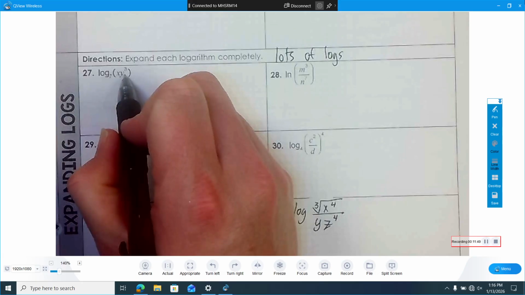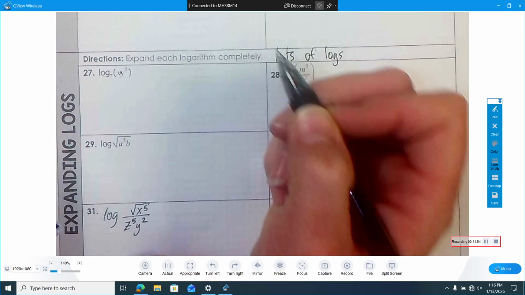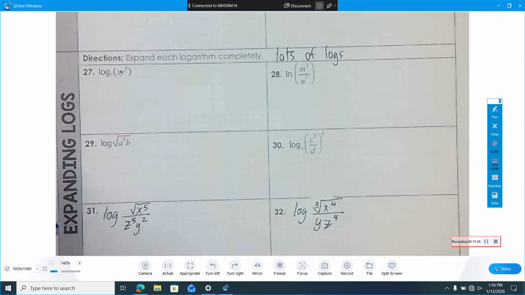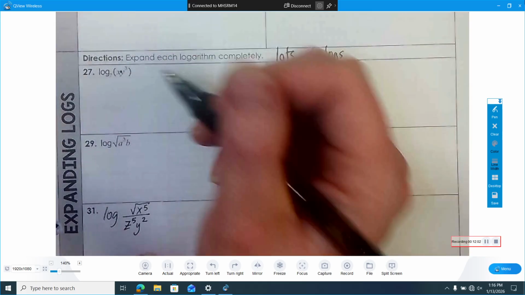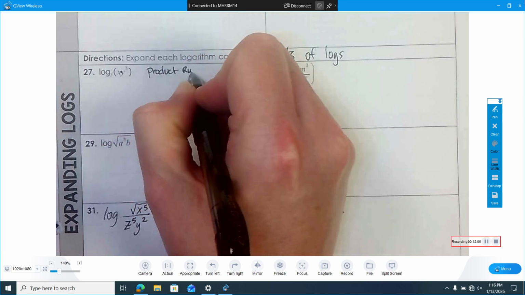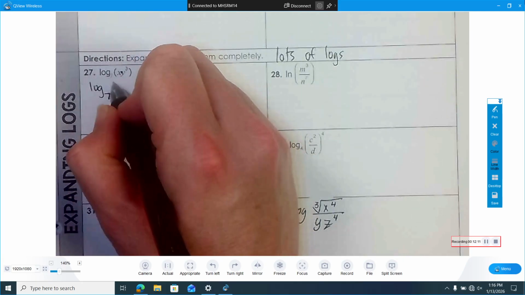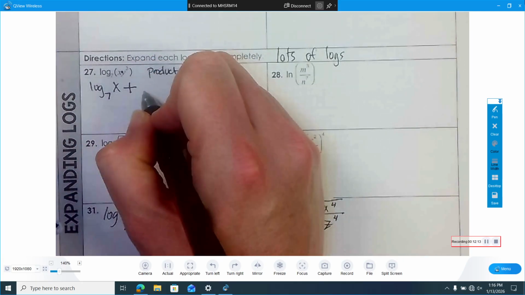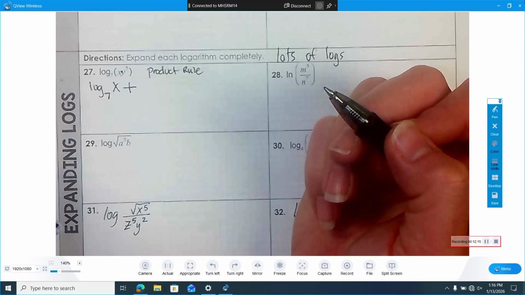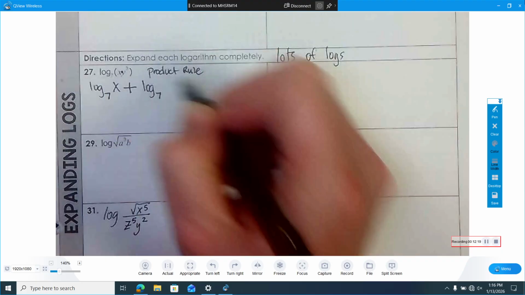You can see here we have inside this argument, this says x times y cubed. So first we have a product. What does the product rule allow me to do? Add the logs. So our product rule allows us to add the logs. So I'm going to rewrite log base 7 of x plus, what should my second thing be? Log base 7. Again, lots of logs.